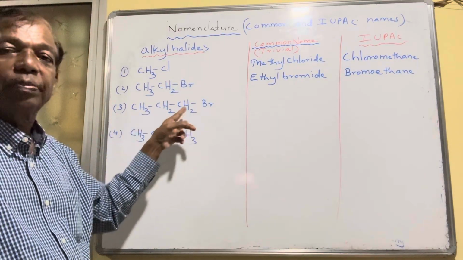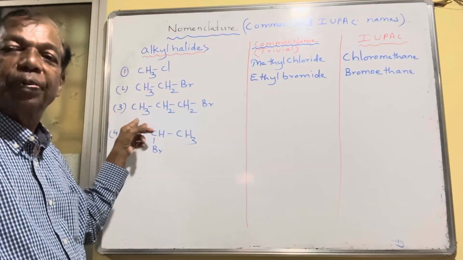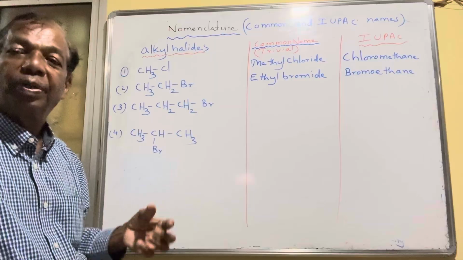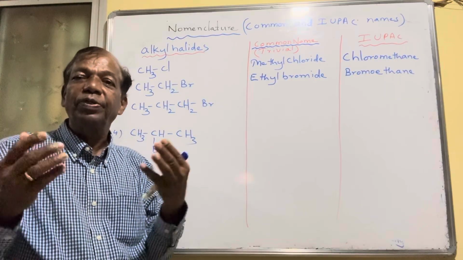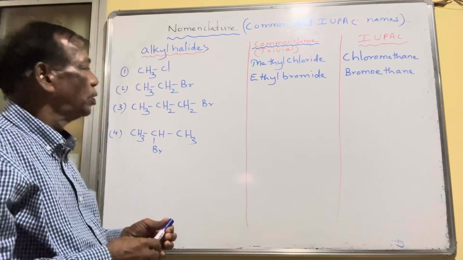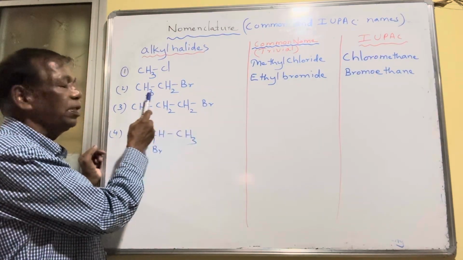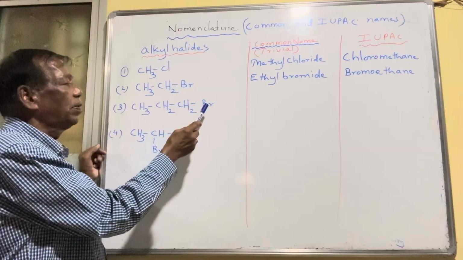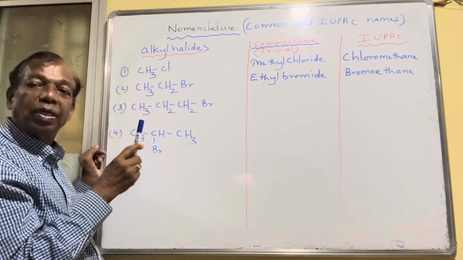This contains 3 carbon, this contains also 3 carbon. So we can call it as bromopropane. This is also bromopropane. But if I say like this, then you will not be able to explain which compound you are talking about. So whether I am talking about this or this, both are containing 3 carbon, therefore propane. So here bromopropane if I say and this also bromopropane, the name is not correct.